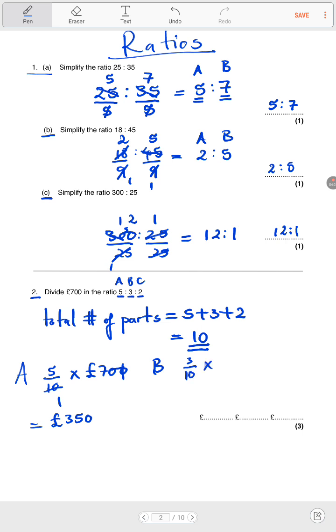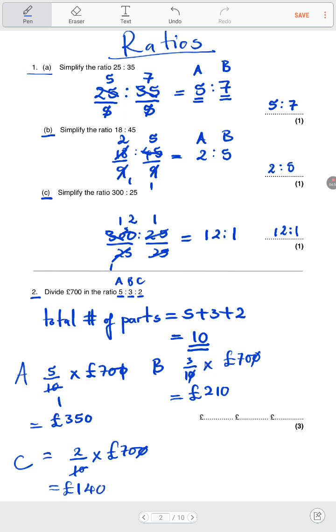B is getting 3 out of 10. So you say 3 out of 10 of 700, and you get 210. C is getting 2, so you say 2 over 10 of 700 pounds, and you get 140.